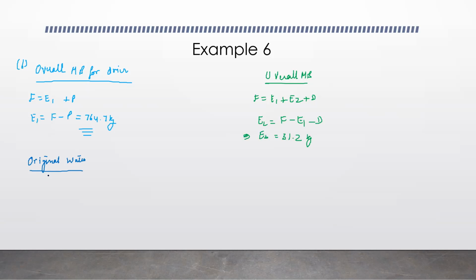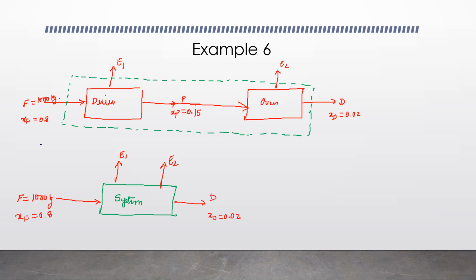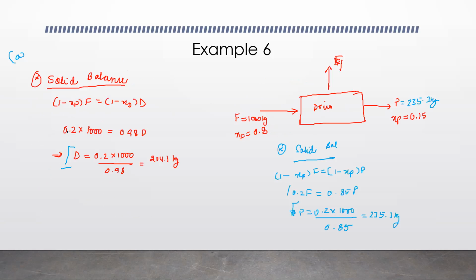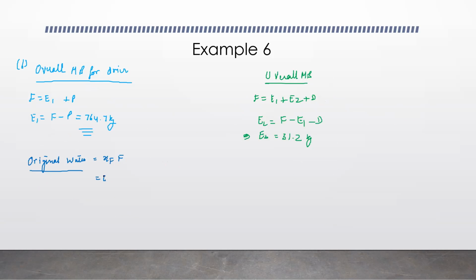So original water is basically xf into f. xf is the mass fraction of water that is there in the feed, right? And the feed is 1000 kg, so it is going to be 0.8 into 1000. That is 800 kg. All right. Original water is 800 kg.